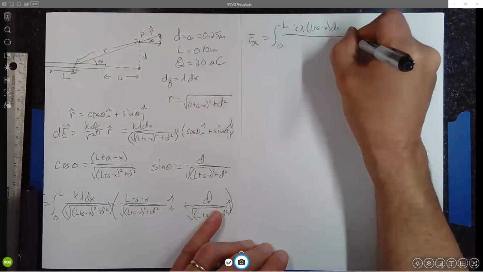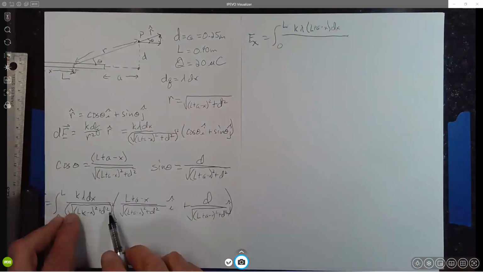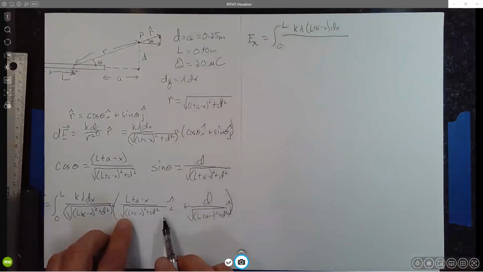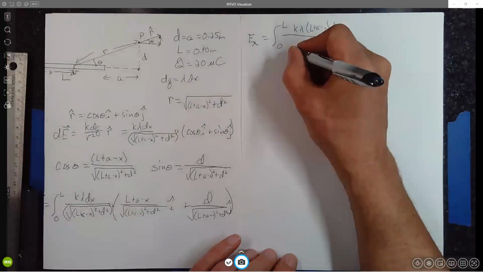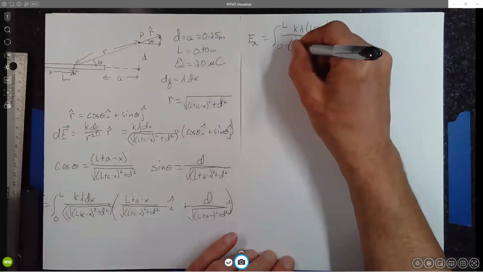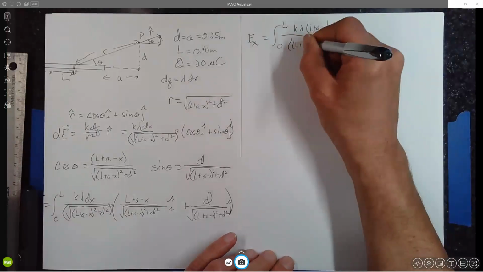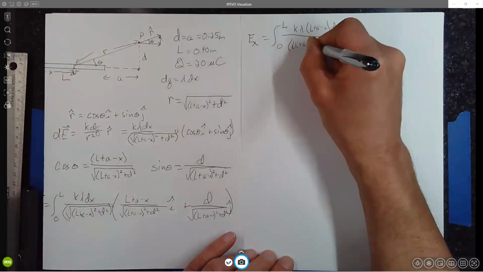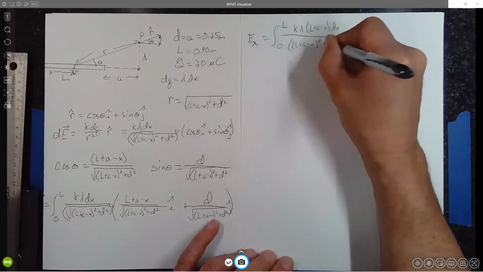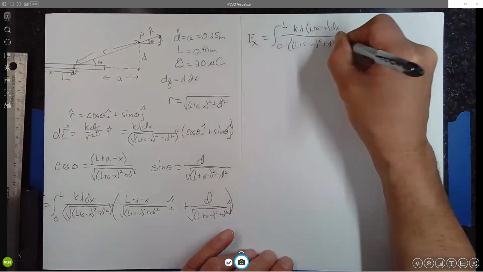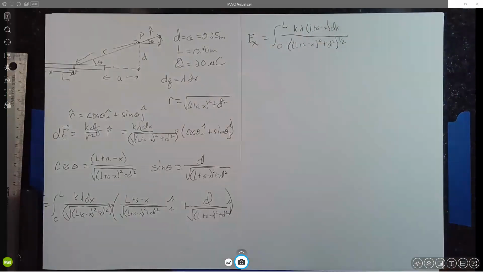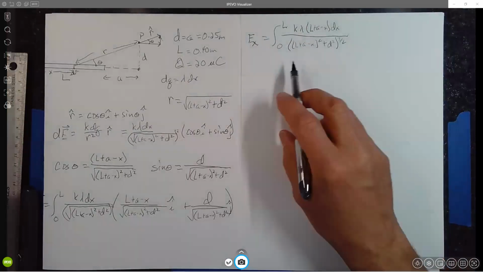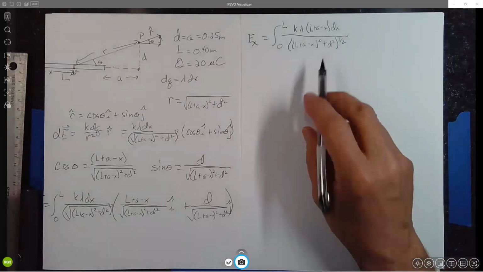And what I have on the bottom, this is the square root squared. This is just the square root. Combined, that gives me L plus a minus x quantity squared plus d squared to the 3/2. And so that's what that integral is going to look like.